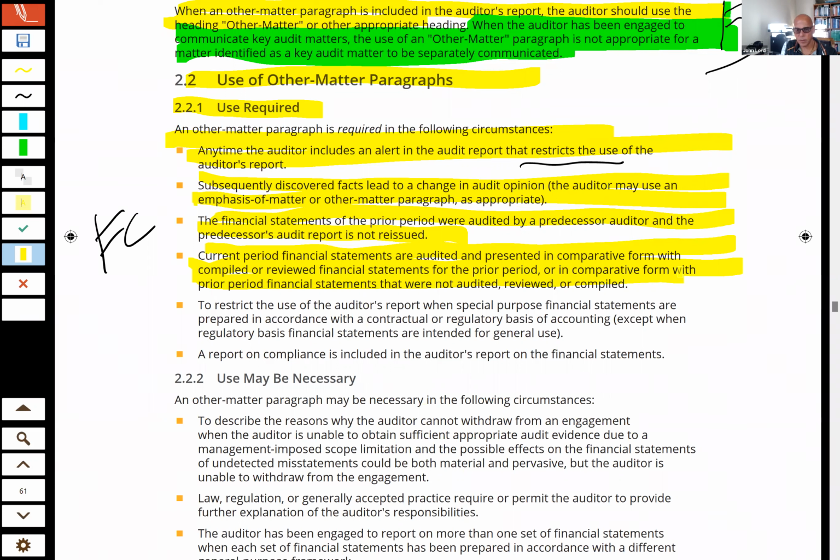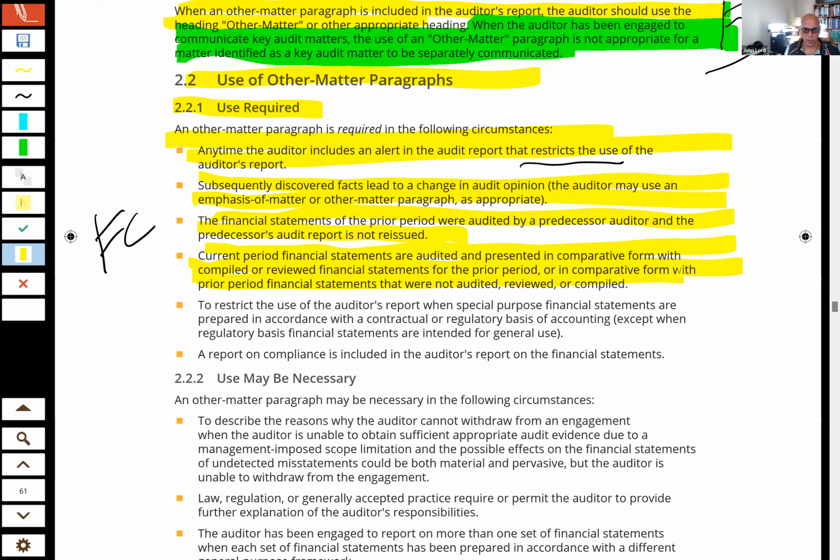We're not going to talk about this until A6, but a compiled set of financial statements has no assurance associated with them. So I would be required in an other matters paragraph for my 2022 report to tell you, hey, look out. Those 2021 statements were compiled. There's no level of assurance on those statements. They weren't reviewed. They weren't audited. They were simply compiled. And I would need to say that in my now 2022 report.